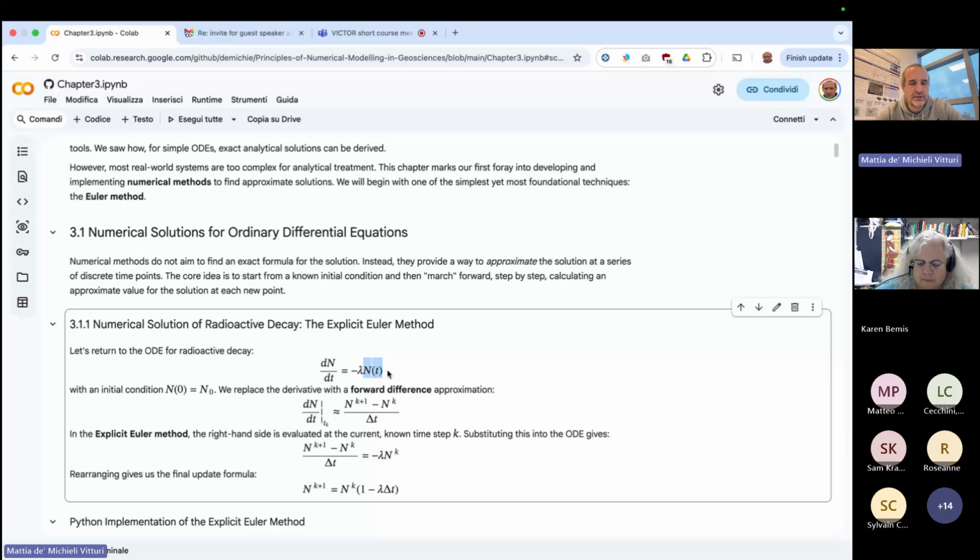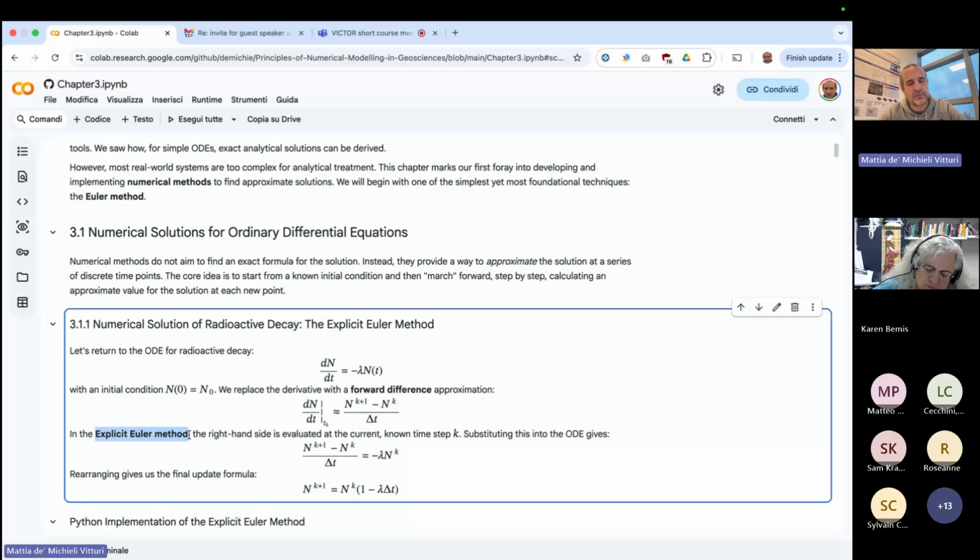Now we have two choices when we have to solve this. We can use n computed at the new time step or at the old time step. And this gives us two different methods. When we use on the right the old time step, so the values of n_k, this is called the explicit Euler method.